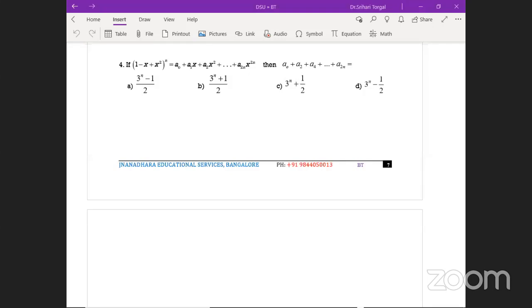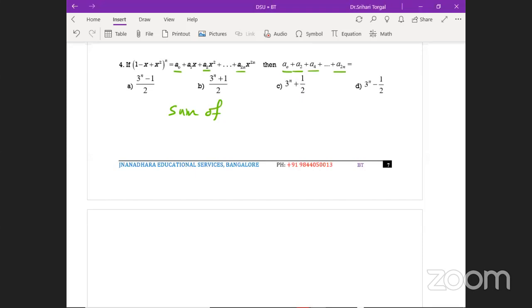Yes. We have to find A0, A1, A4, A2n. The sum of even coefficients.